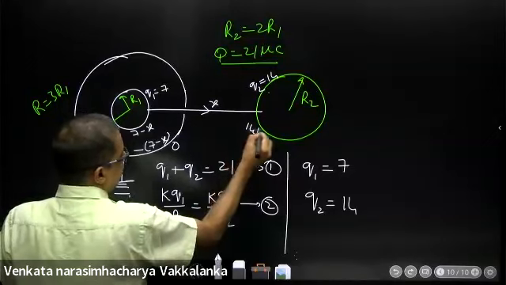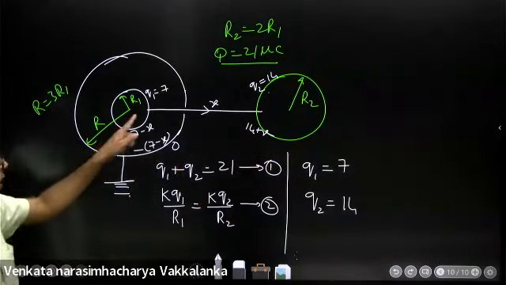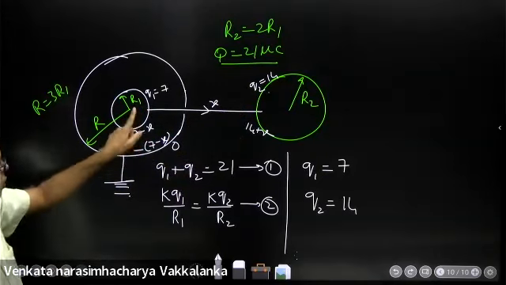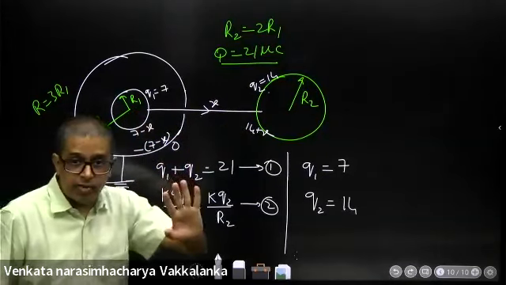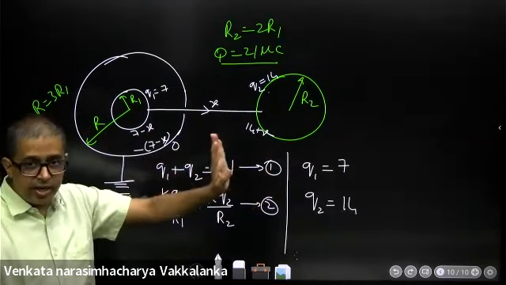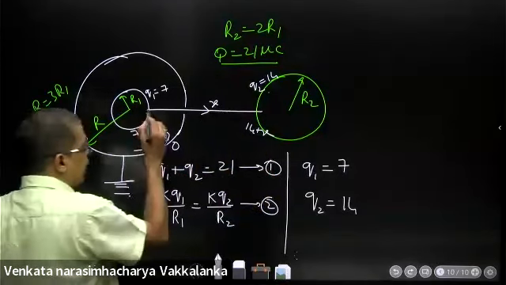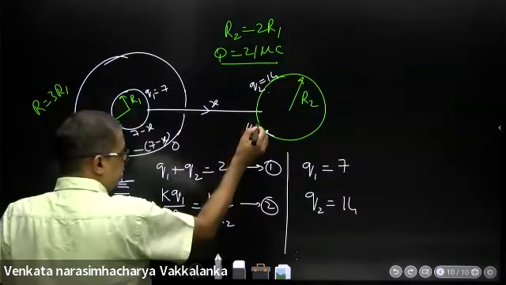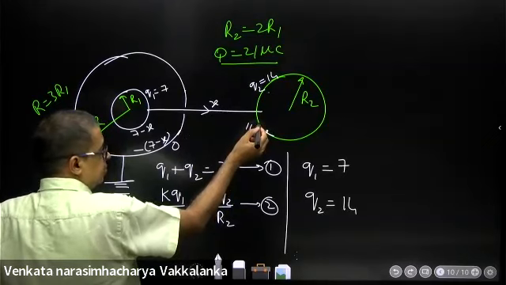This will become 14 plus X. If X charge went from the inner sphere to that, the charge on these two should remain conserved. Charge cannot be destroyed. They are not in contact with anything else. So if X charge went here, 7 minus X will remain here, 14 plus X will remain here.